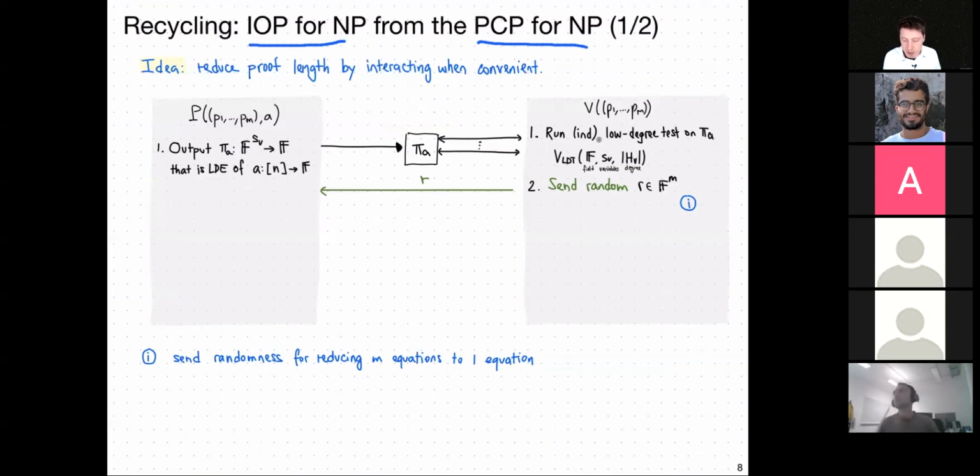So the probability is chosen only over R. If we sample one of the good R's, then the prover will have nothing to do but talk about that equation. So we're just going to tell the prover, this is the randomness that I would like you to use to bundle these equations. Don't use any other randomness because I don't care about it.